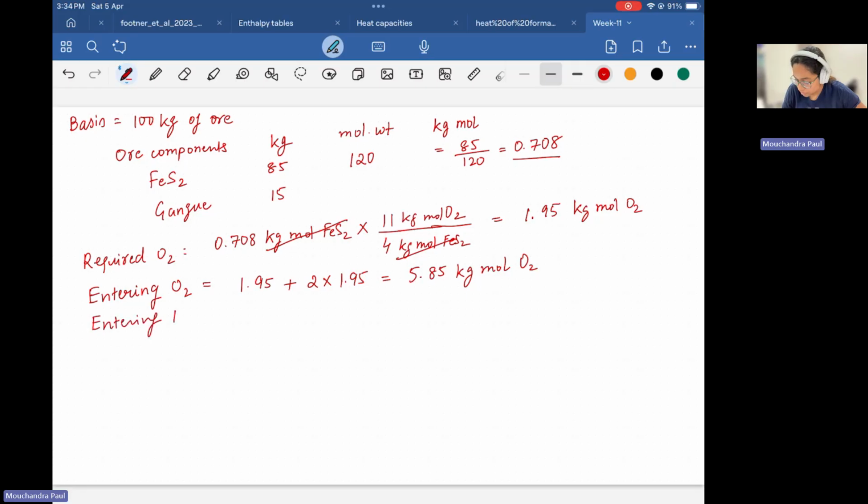Another component of air is nitrogen. So for the entering nitrogen, you know in air there is 78-79% nitrogen and the rest, 21%, is oxygen. If we take this fraction and multiply it with 5.85, you will get the kg mole of nitrogen entering.